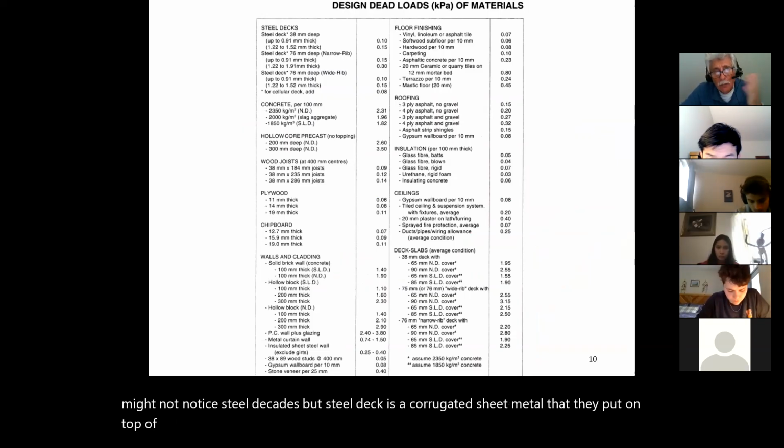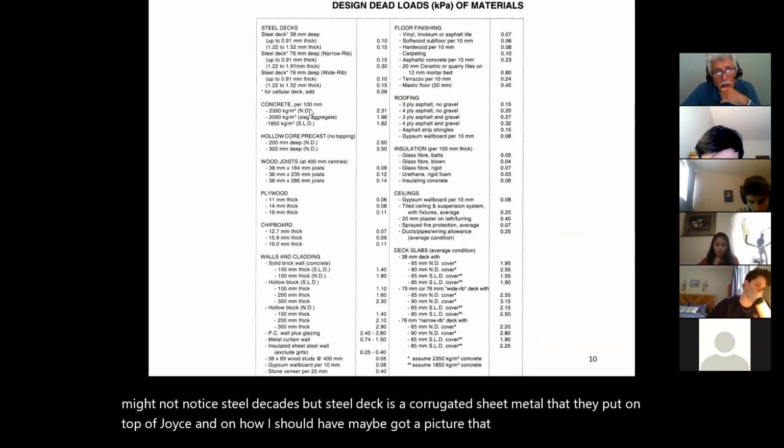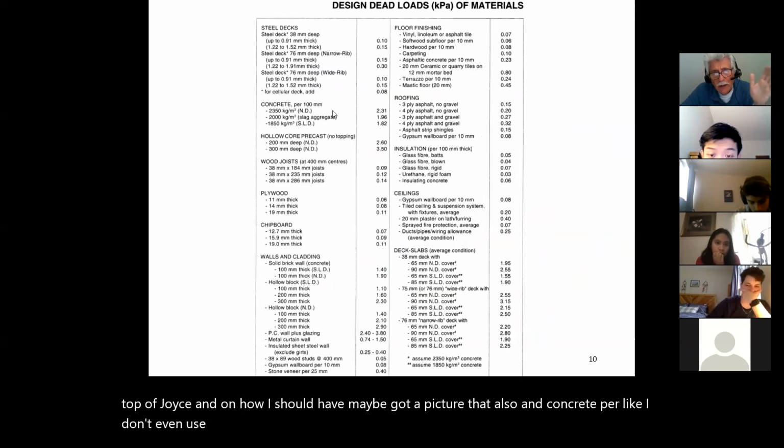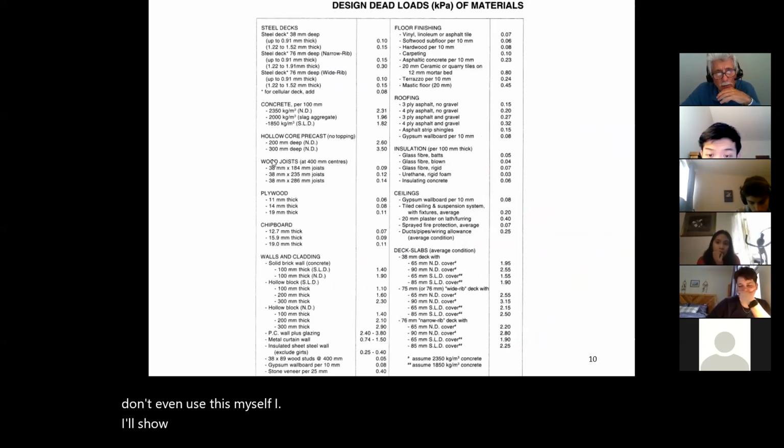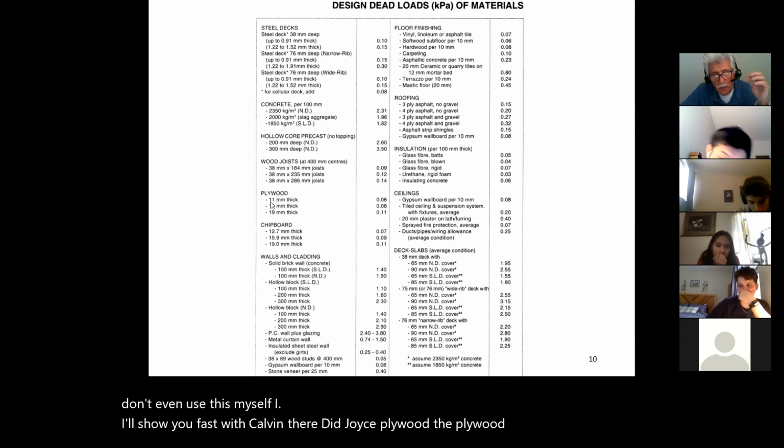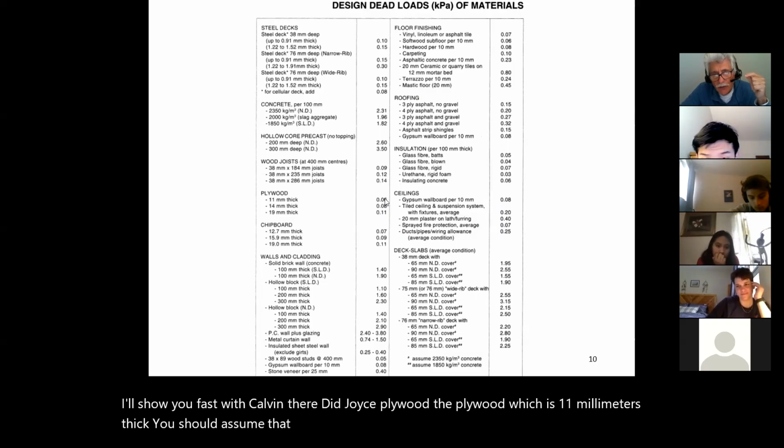And I should have maybe got a picture of that also. And concrete, I don't even use this myself. I'll show you a fast way of calculating that. The joist, plywood, if the plywood is 11 millimeters thick, you should assume that it weighs at least 0.06 kPa and so on.